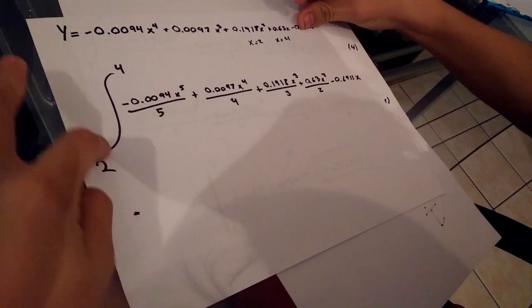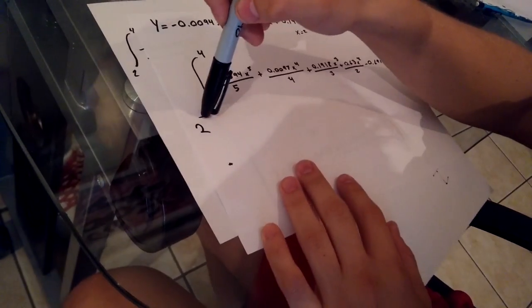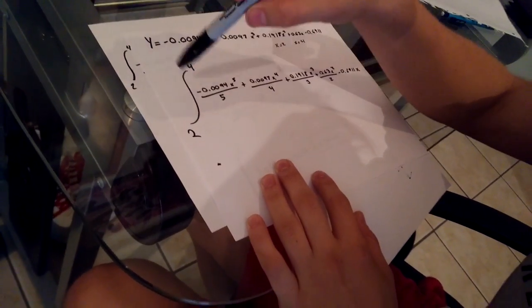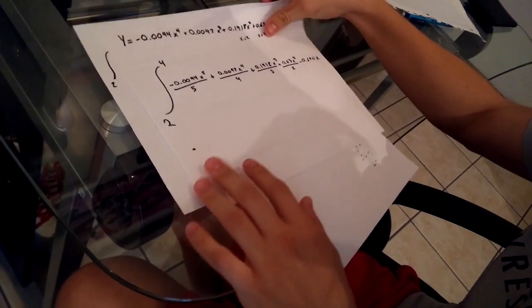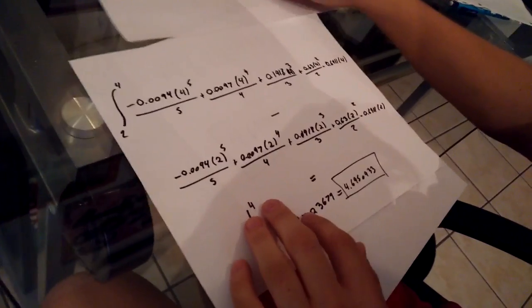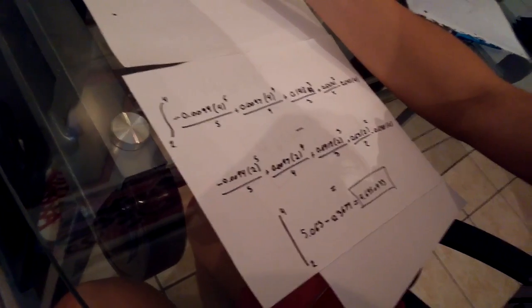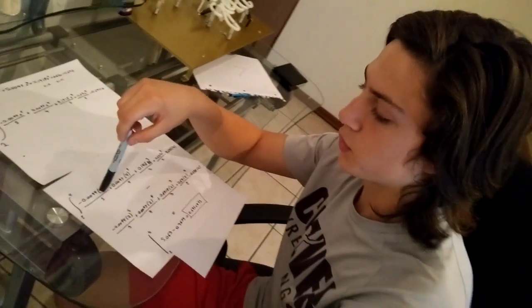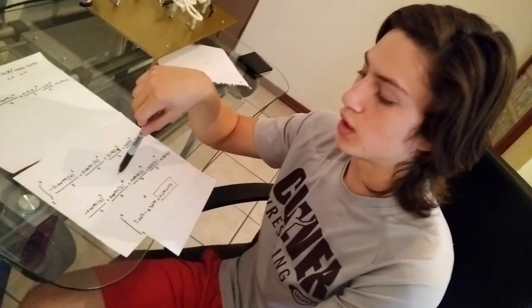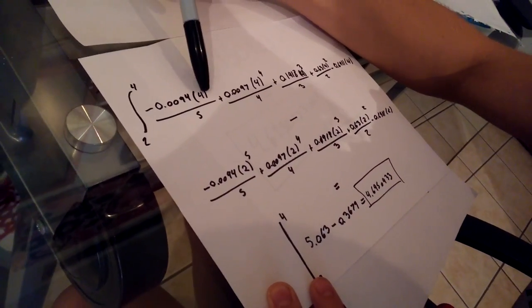We use the antiderivative symbol here, and we put the intervals 2 to 4 because, like I said before, to continue the process we need to enter the b of the formula first, and then subtract it with the a, which is the 2 in this case.